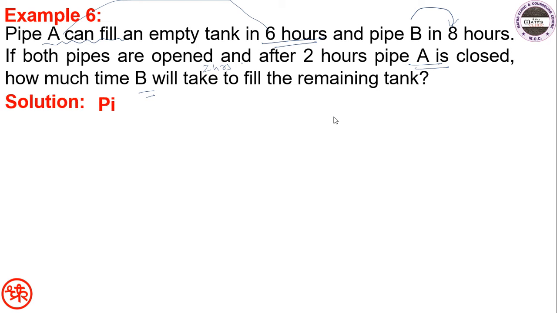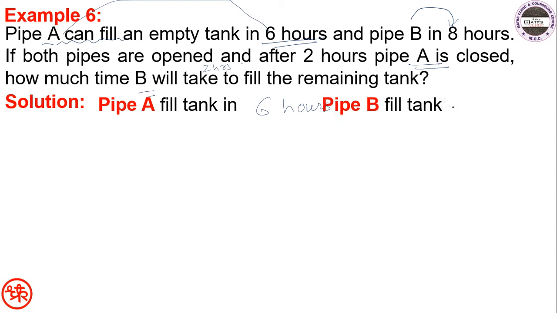Okay. So what time will be taken by B to fill the remaining tank? Okay. So look at the answer. Pipe A fills the tank in 6 hours. Pipe B fills the tank in 8 hours. Okay.